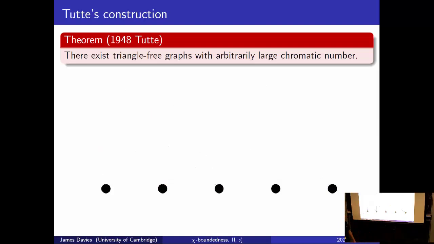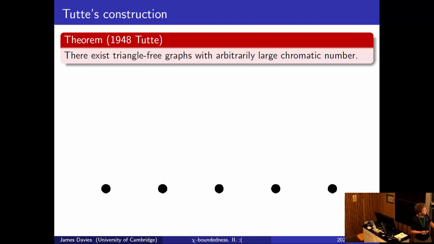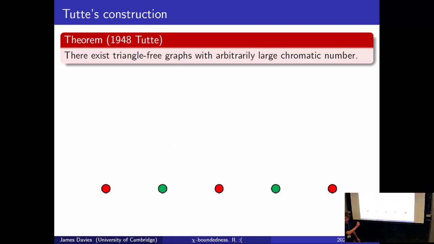Okay. So why is this going to bump up the chromatic number? Well, assuming I chose this independent set to be big enough, which in this case I did, to get to 3 chromatic. Suppose it has chromatic number less than 3, so suppose you can 2-color this graph. Then because I have 5 vertices down here, in any coloring, some 3 of them need to be the same color. So looking at this red-green coloring, I know I can always find one monochromatic set of 3 vertices of the same color.